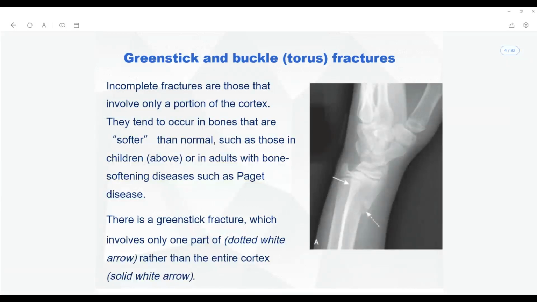For example, when I'm trying to look at the radius and ulna, I am going to include either the wrist joint or the cubital joint, the elbow joint.